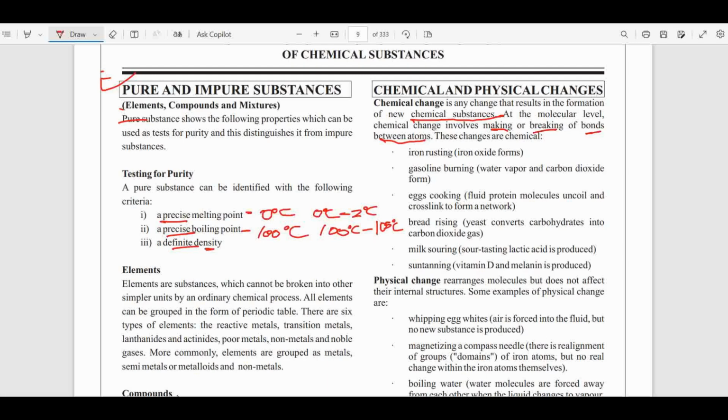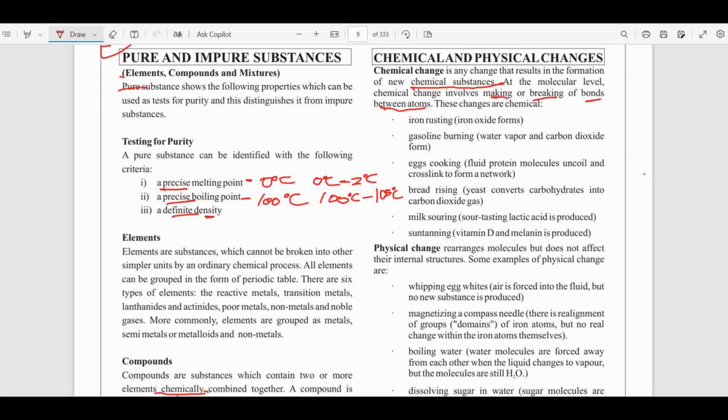And when this making or breaking of bonds occurs, a new substance is formed, and most of the time this reaction might be irreversible. As a result of that, a chemical change is said to take place.